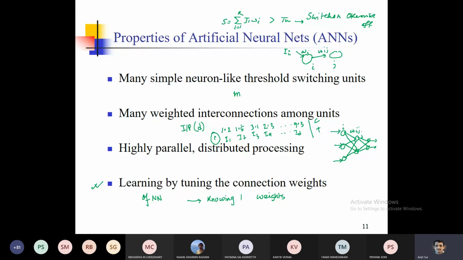If we find wij's for all these connections that produce the correct output, then it is called fully trained with these samples. So, at the end of the day, knowing the weight values basically means learning.